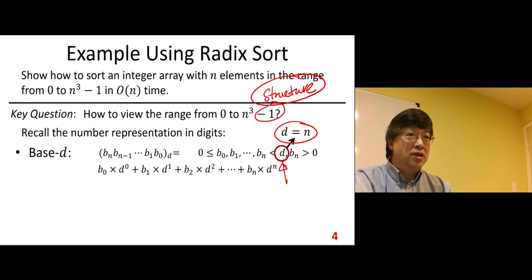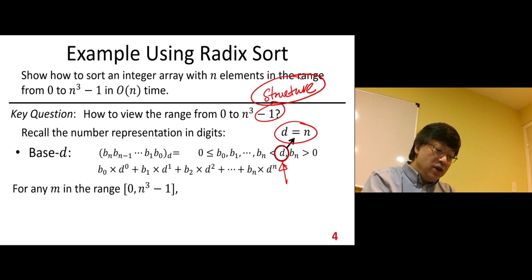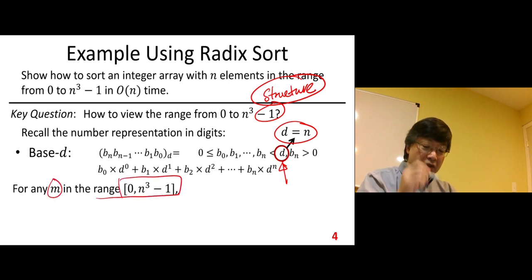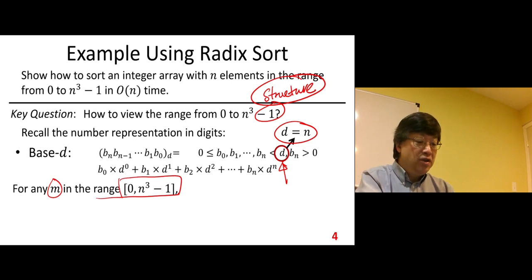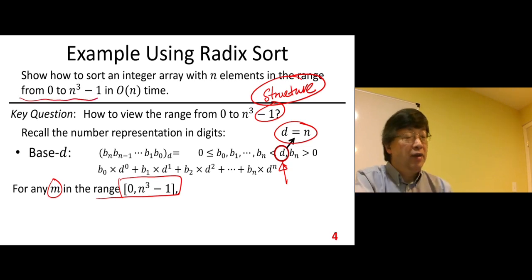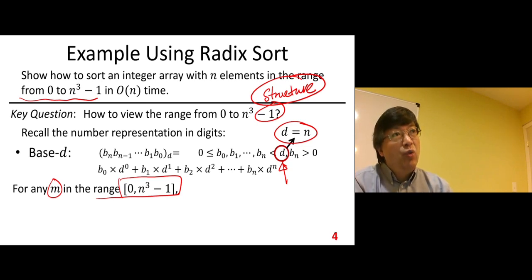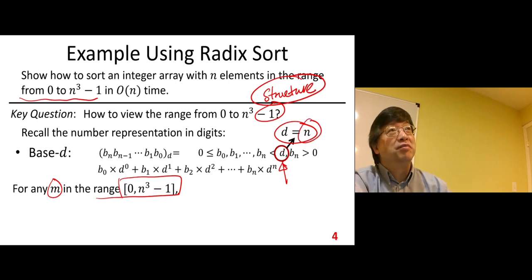In that special case, let's consider any m in this range, because that's the condition we are given. Any m in that range, how many digits do we need using the base n representation?